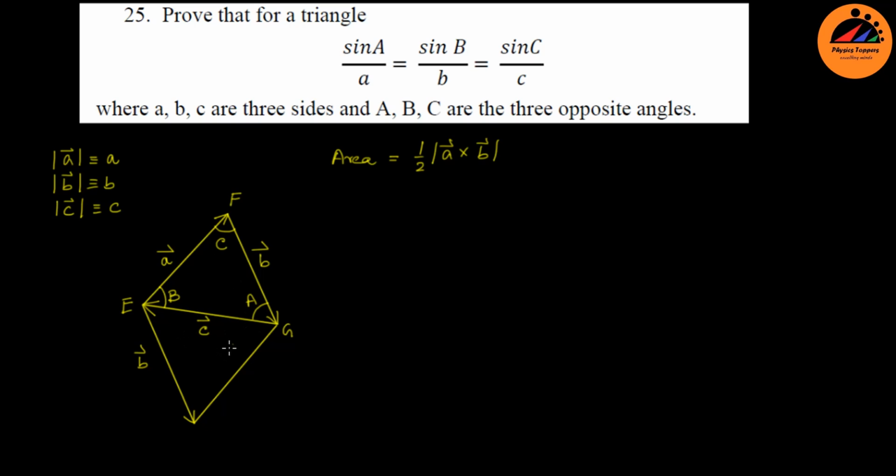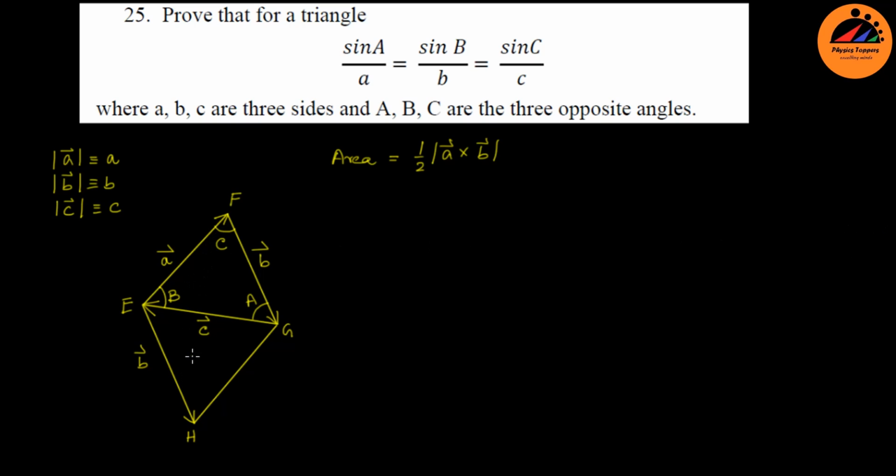Now the area of this parallelogram, let's name the fourth vertex H. So the area of the parallelogram EFGH is A cross B. This you know, right?